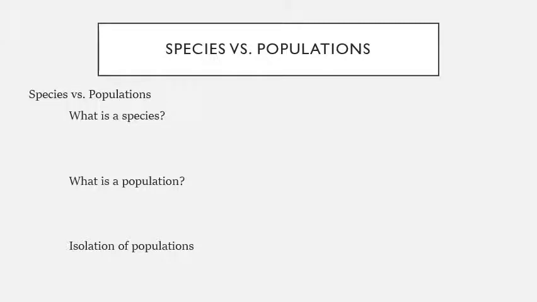So the idea of a species actually can get quite complicated, but for our purposes, we're going to try to simplify things a little bit. We're going to say that members of the same species have the ability to reproduce with one another and have fertile offspring.